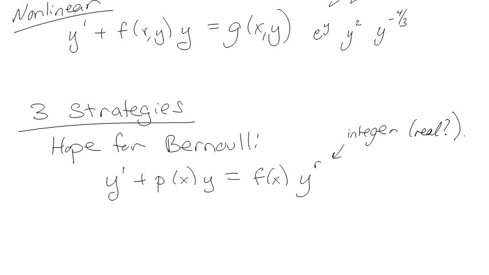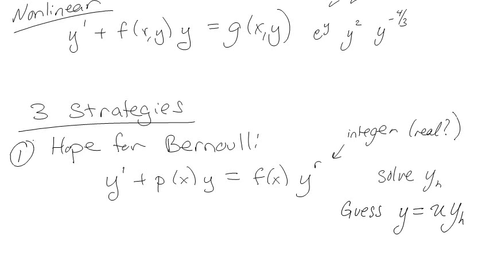Any Bernoulli equation can be solved by this method, or the previous method: solve the homogeneous and then guess that y equals some unknown function u times the homogeneous solution, and then just figure out what u is by plugging it back in. So that's your first strategy, is to hope for Bernoulli.